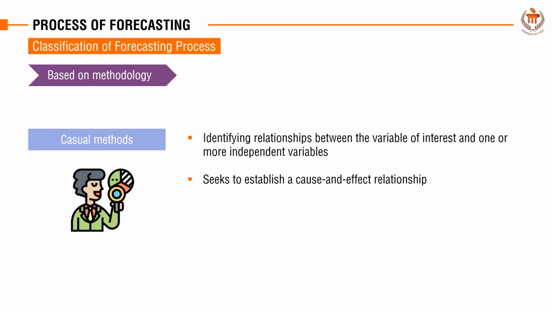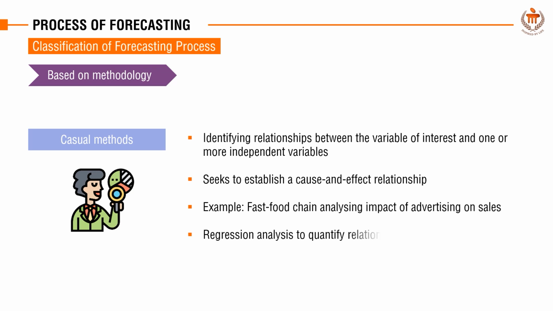For instance, a fast food chain might analyze the impact of advertising expenditures on sales revenue by examining past data to determine how changes in marketing spend correlate with changes in sales. Causal methods often utilize regression analysis to quantify these relationships, allowing businesses to forecast future sales based on anticipated changes in advertising or other influencing factors.